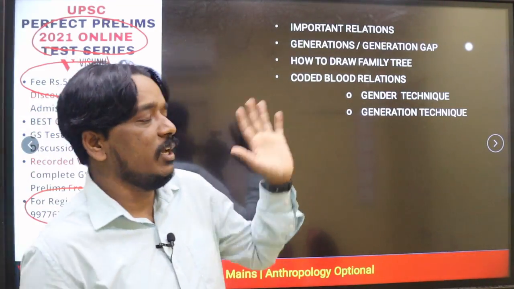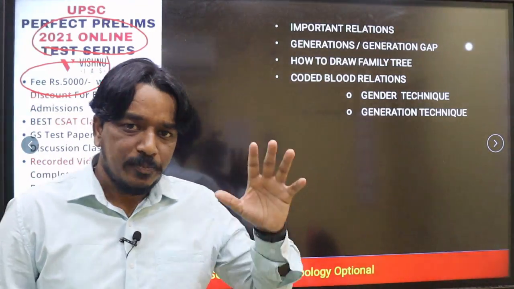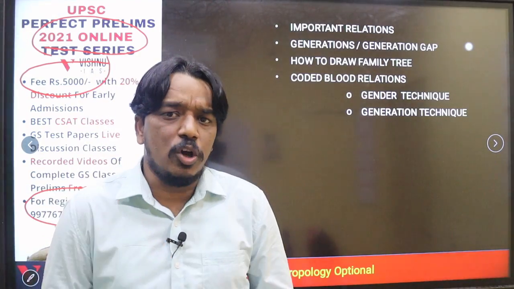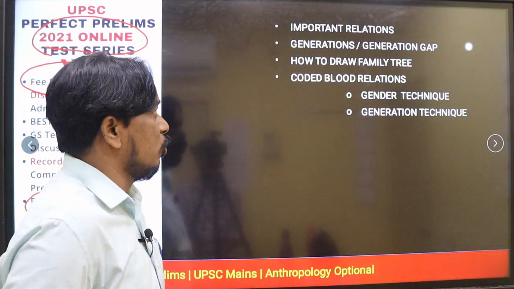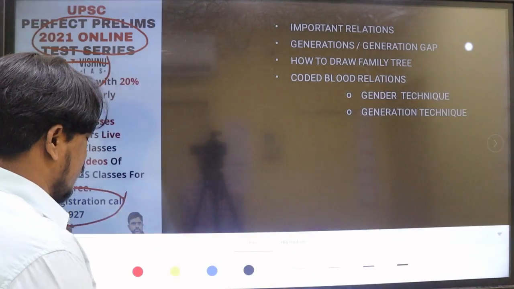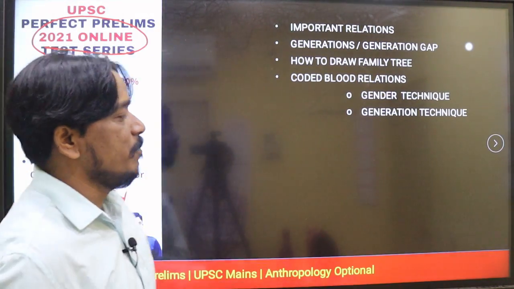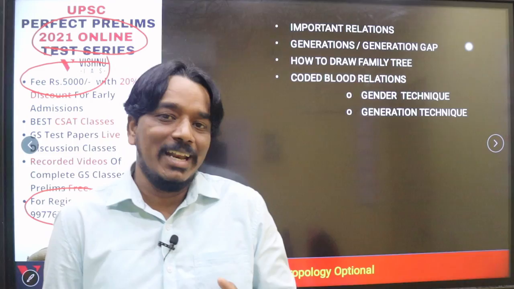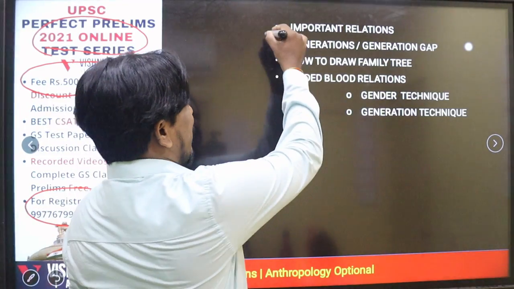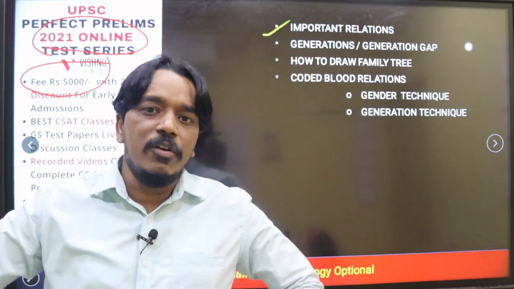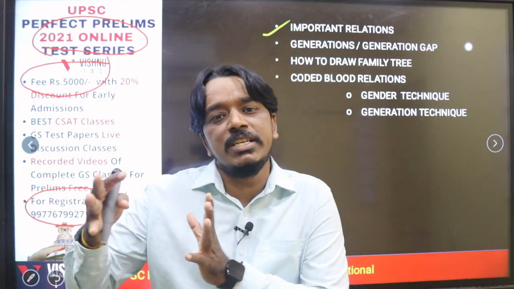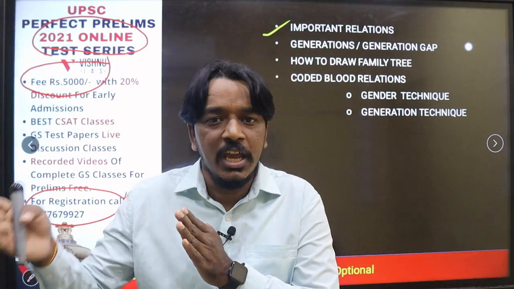Now let's go into the complete basic concepts of blood relations. Whenever you're talking about blood relations, first we should know some important points related to this. Generally, whenever you are answering blood relation questions, first we should know the basic important relations. Once you know the basic important relations, very easily you can find answers without any confusion.